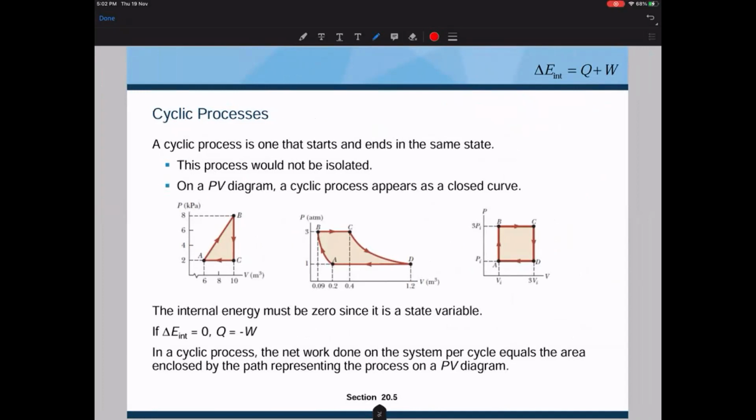We have been talking about the processes which involve one initial state and one final state. Of course, that is the beginning. And for engineers, we are actually much more interested in the situation where you could bring the system back to the original state.